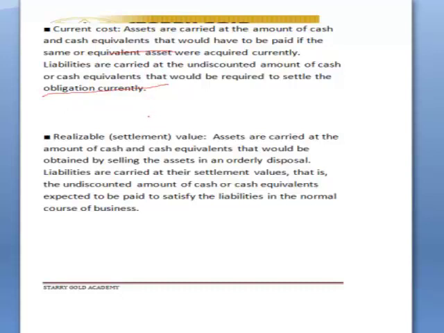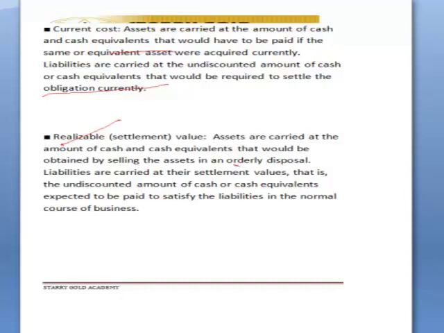Then the last method of subsequent measurement of those elements of financial statements, which could be assets, liabilities, income, or expenses, is realizable value or settlement value. Assets are carried at the amount of cash and cash equivalent that would be obtained by selling the asset in an orderly disposal.